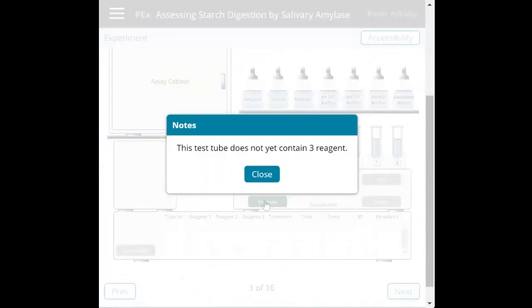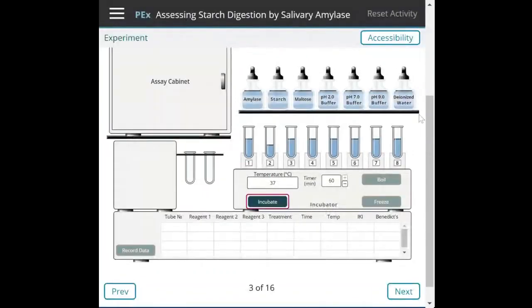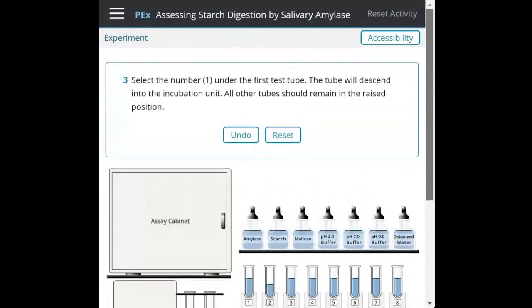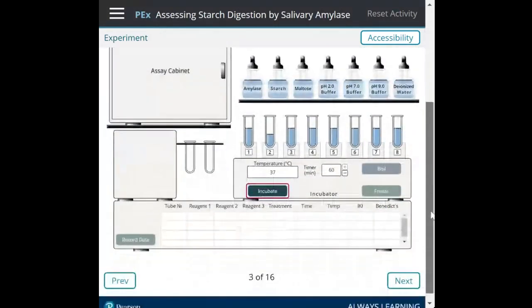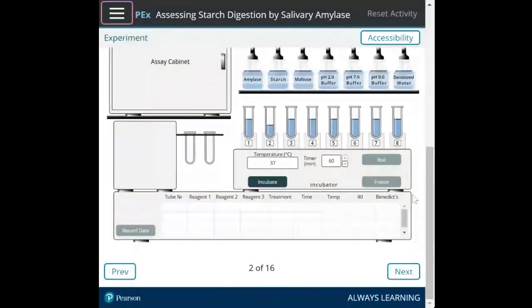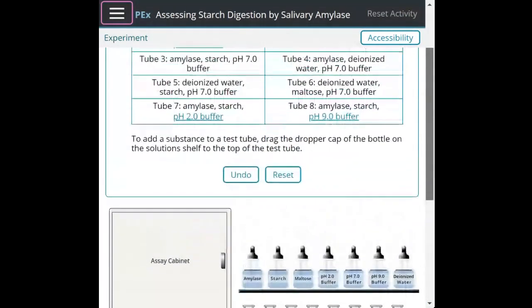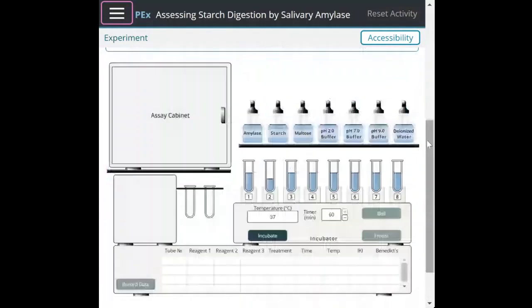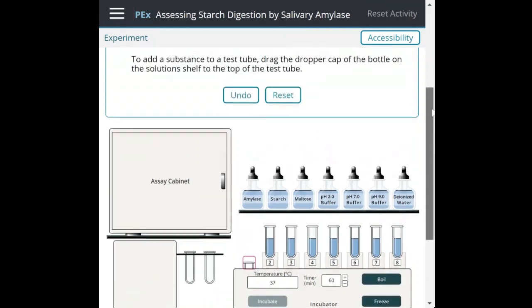So we're going to incubate our, oh, I missed something. I'm going to go back for a second. Tube amylase. Okay. So we're going to incubate our test tube.